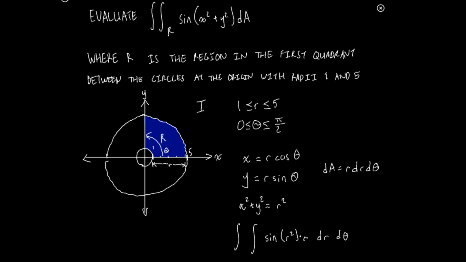Great. Okay, now that I have all of that, we need the bounds so that we can do our integration. So our first bounds right here on the inside are going to be our bounds for r, right? So r goes from what? Goes from 1 to 5. And theta goes from 0 to pi over 2.